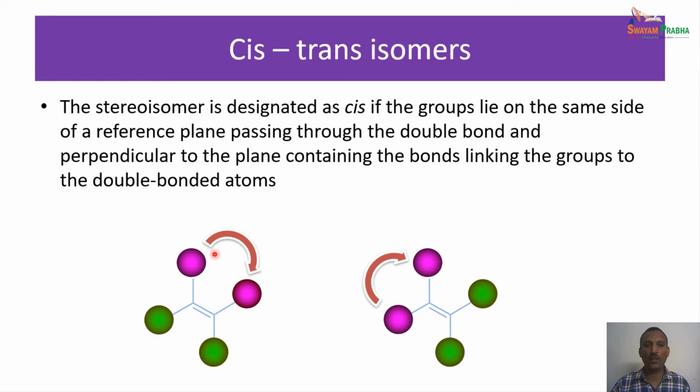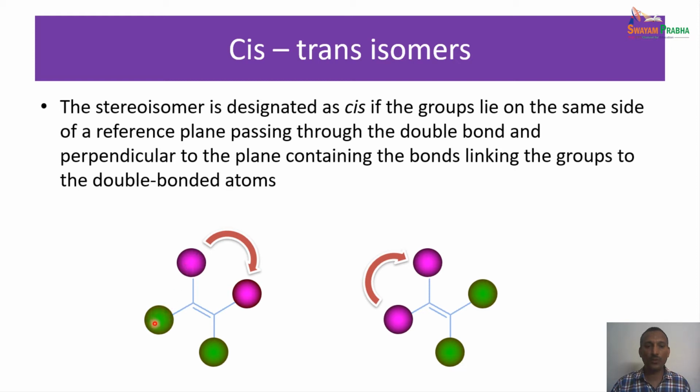In the first arrangement, there is an sp2 hybridized carbon here, and another sp2 hybridized carbon here. We can assume like that, and there are two different groups. One is represented in pink color, another in green color.